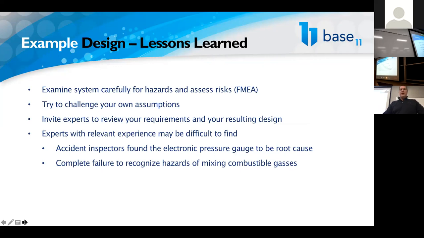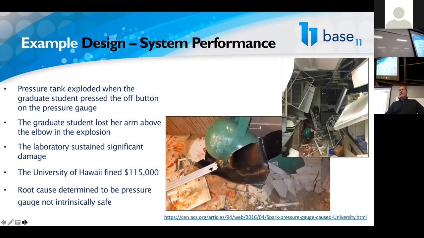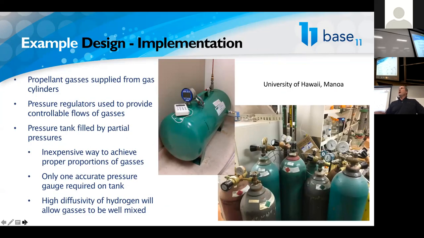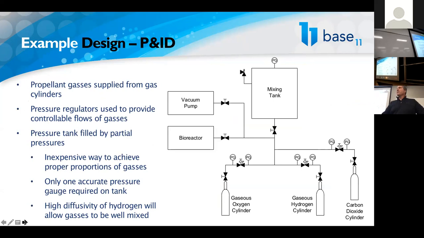One of the things that we want to do as we review our designs is challenge our assumptions. In the case of this particular experiment, they assumed that they needed to get a well-mixed feedstock for their reactor, that they needed to put it all in the same tank.